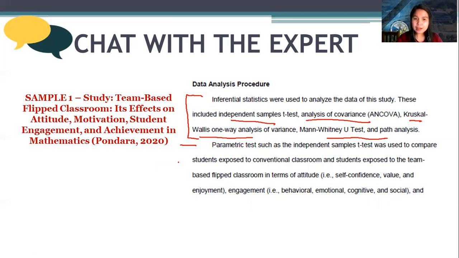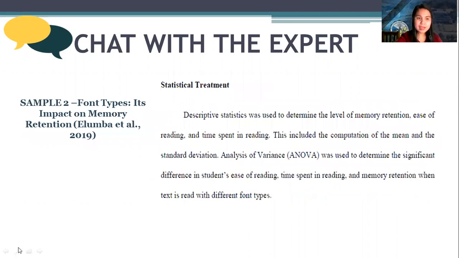The next paragraph tells me how I will measure statement of the problem number 1. For example, in the study of Ilumba, these are their questions, SOP 1, 2, and 3.